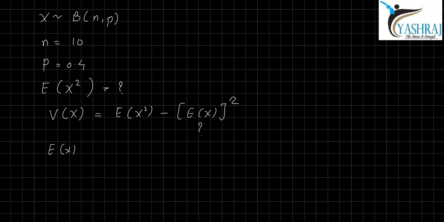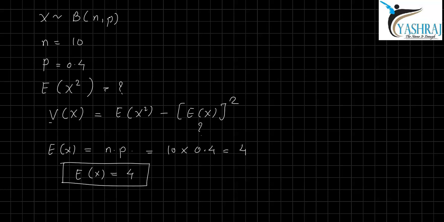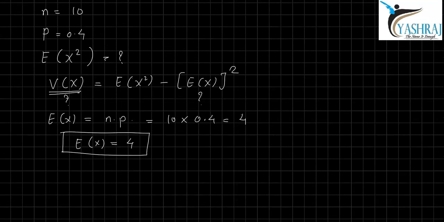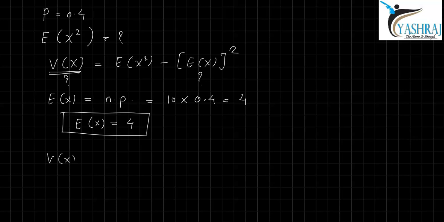So now we have E of X equals n into p, where n value we have is 10 and p value we have is 0.4. So 0.4 into 10 we get 4. Means we have E of X equals 4. And now try to evaluate the value of V of X. So we have V of X equals n into p into q, where q we might write in terms of p as 1 minus p.